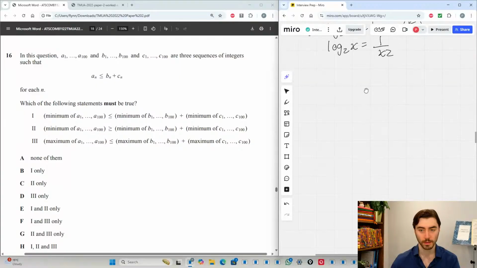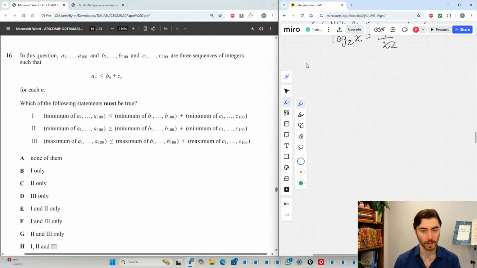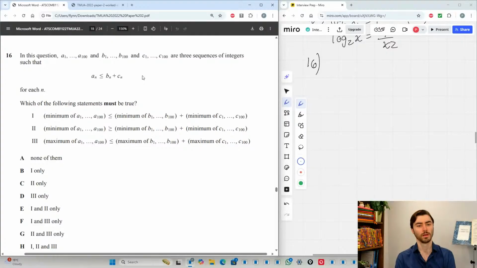Okay. Now. So these are three sequences of integers. So that is certainly true of triangles. So I'm wondering, for each n, these are a whole bunch of triangles, for which the following must be true.